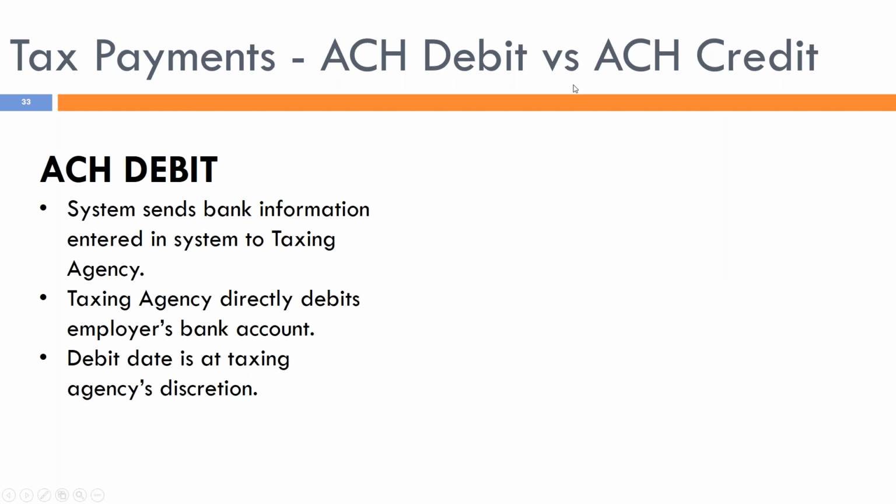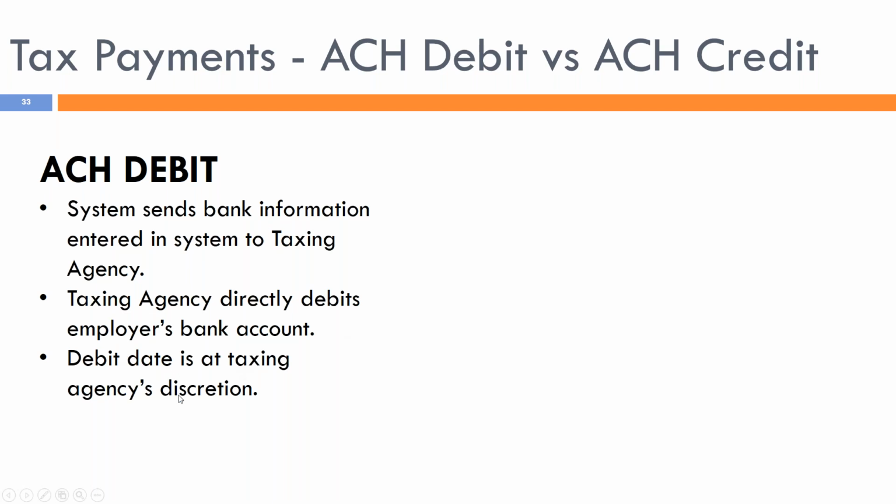So, ACH debit versus an ACH credit. With the ACH debit, the system sends the bank information entered in the system to the taxing agency. The taxing agency directly debits the employer's bank account.